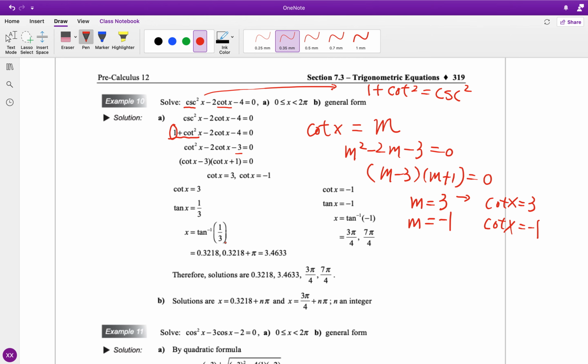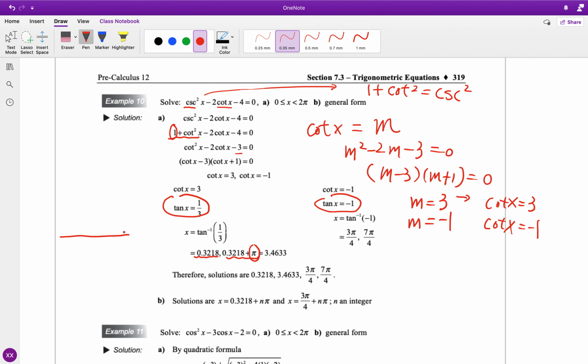Because in your calculator you will not have a cotangent to punch in, you change that to tangent. So tangent is 1/3. Cotangent is -1, so tangent is still -1. Then you punch these into your calculator, and you have this solution, and you also have this solution, add on pi. Why add on pi?